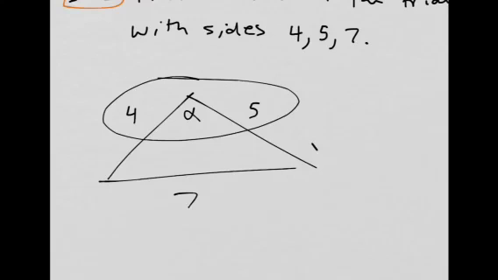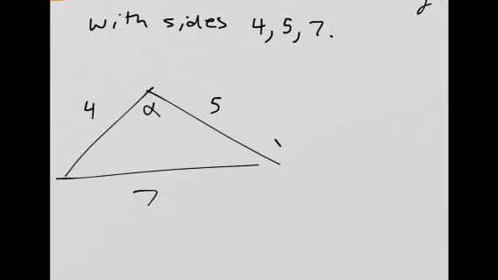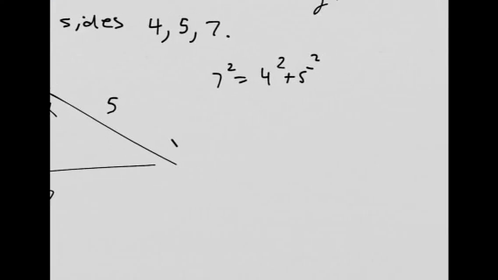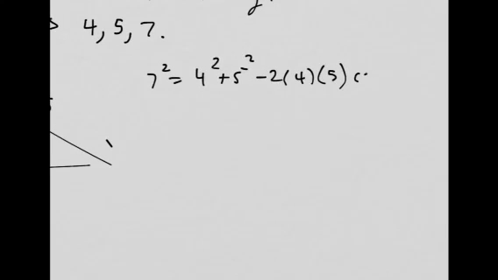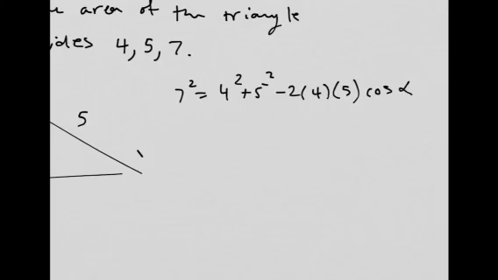So first I'll use the law of cosines, and that will be, well, I have to do this one squared equals the other 2, right? So 7 squared equals 4 squared plus 5 squared minus 2 times 4 times 5 times cosine of alpha.